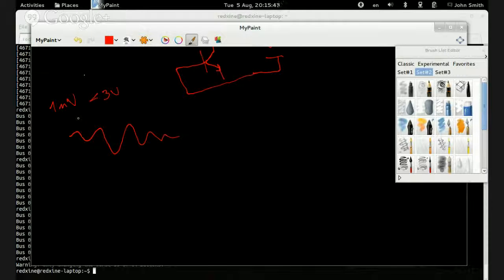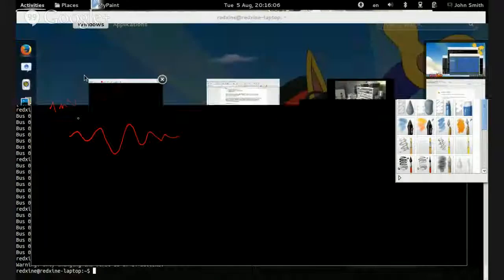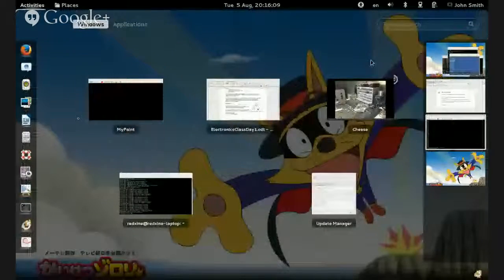I can show you. Let's see if our op-amp loaded. Oh no, it didn't. Good time for the server to stop working there. Whatever. I'll show you a tank circuit.